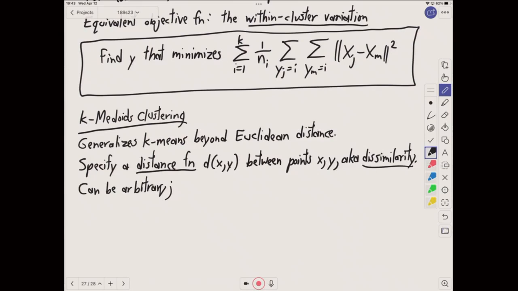Ideally, it's likely to work better if you pick a distance function that satisfies the triangle inequality, but you don't have to. If you pick a really wacky non-metric that doesn't satisfy the triangle inequality, it still might work as long as d is somewhat sane.